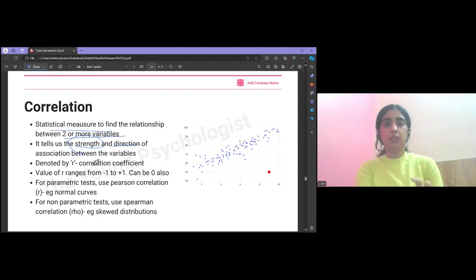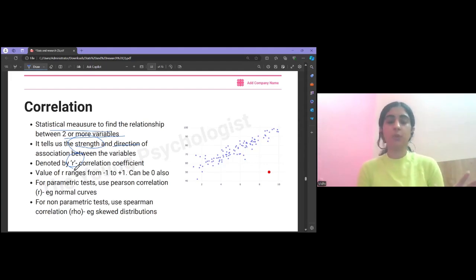The final product that we come up with after doing the entire calculation is denoted by R, which is the correlation coefficient. Another very important trick question that is asked in interviews is the values of R. In statistics, the value of R can only range from -1 to +1. We'll be looking at what -1 denotes and what +1 denotes.